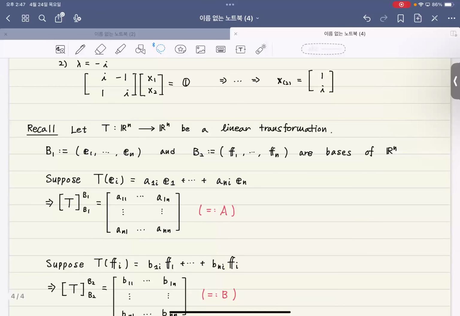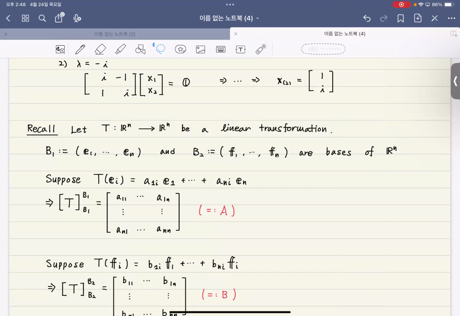Do you remember this? I have a linear transformation from Rn to Rn, and my choice of notation was not that great. These e1 to en are not the standard unit vectors in this case. Sorry about that. They are just some random choice of basis.